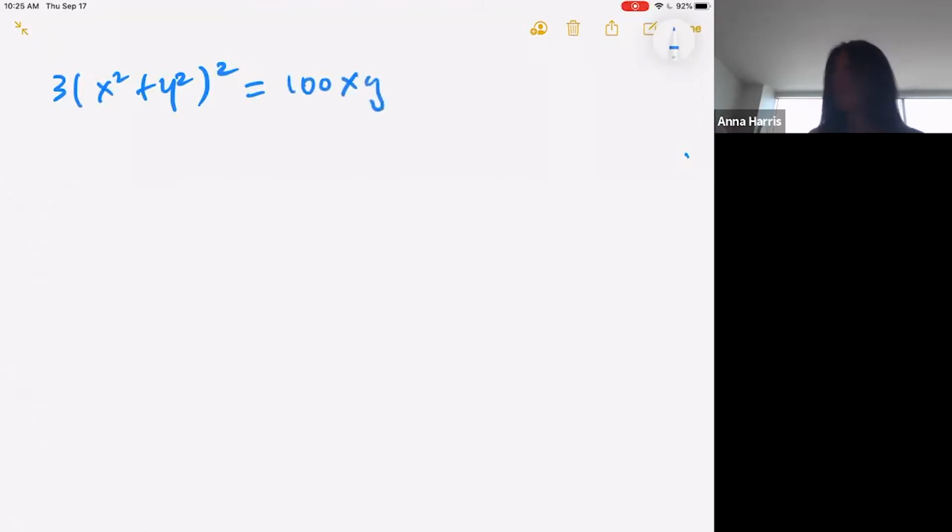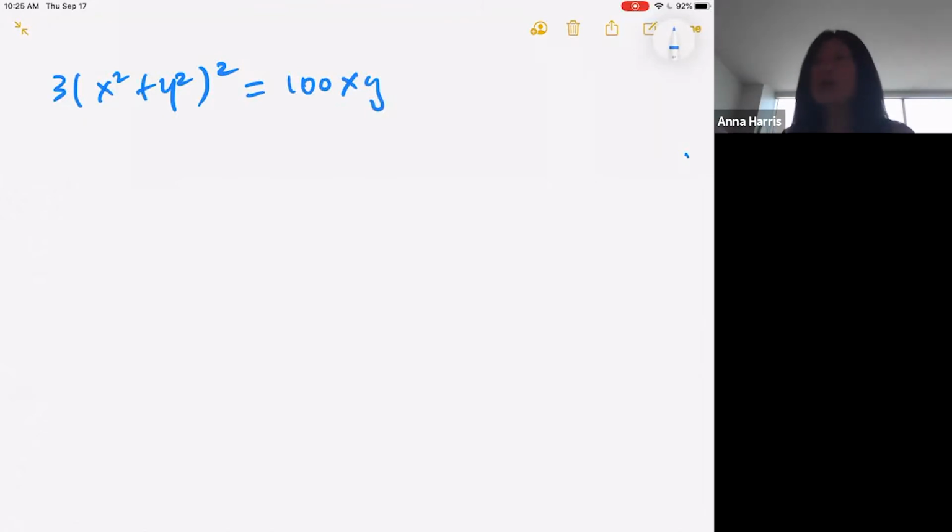Okay, what's the problem? 3 open parentheses x squared plus y squared close parentheses to the second power equals 100xy. This is my problem, and we have to take a derivative of this.